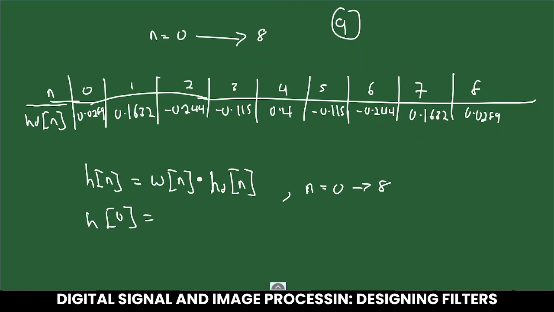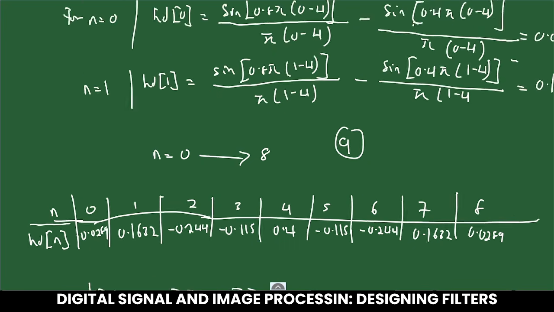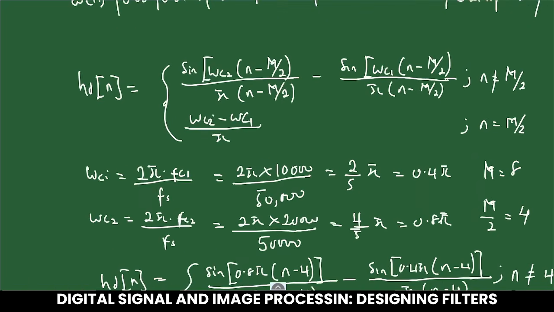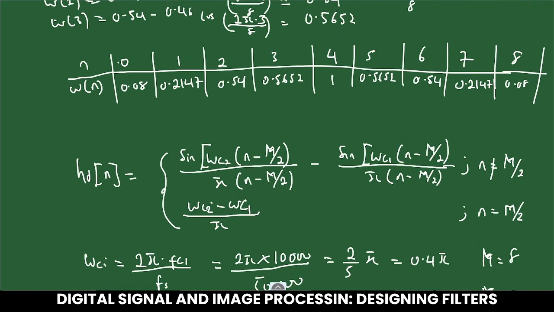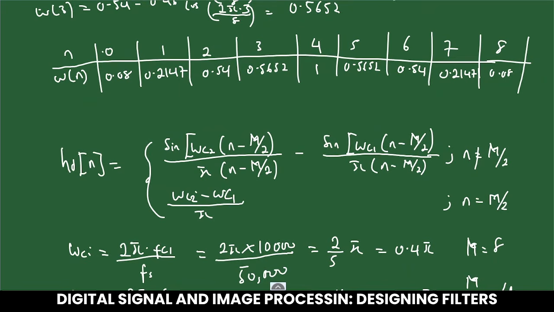So your Wn, let's go back to our table up there and check the value for W0, the Hamming coefficient when n is equal to 0. That one is 0.08.